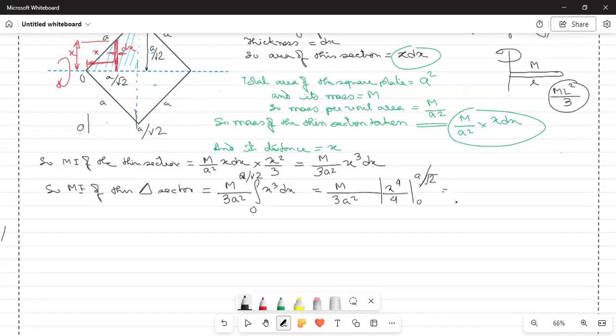This is equal to m by 3a square multiplied by 1/4, multiplied by x to the power 4, and the value of x at the limit is a by root 2. So this is equal to a to the power 4 by root 2 to the power 4.